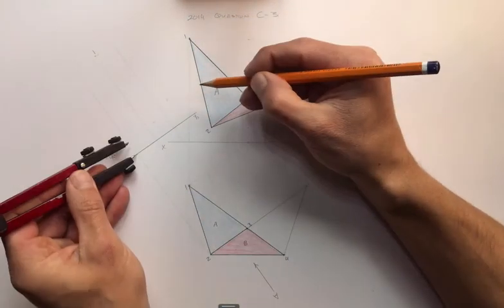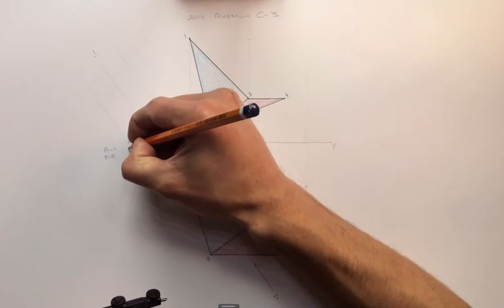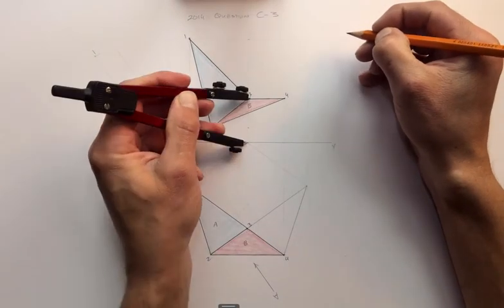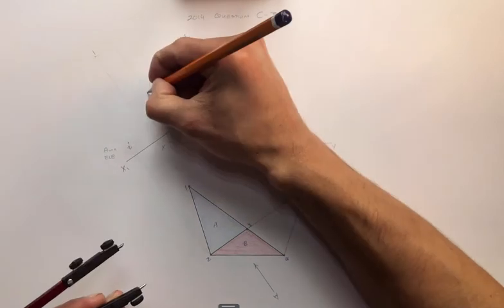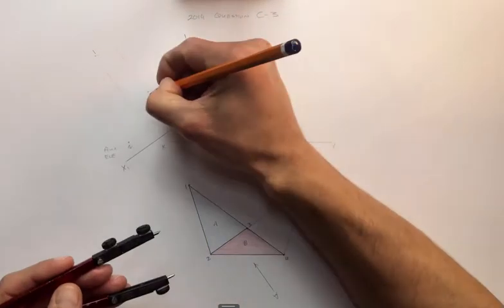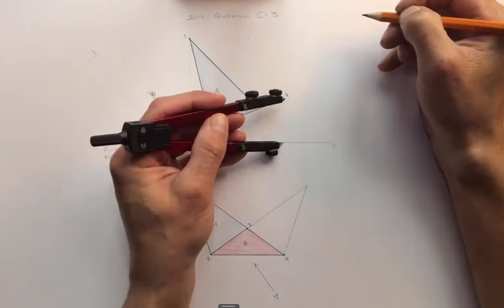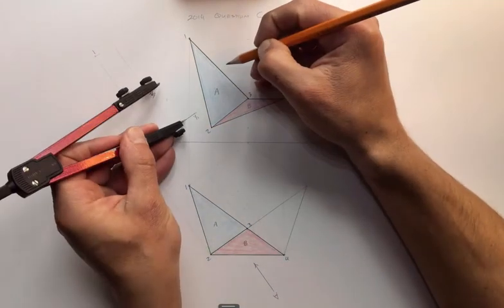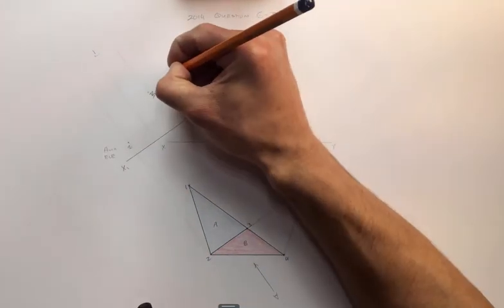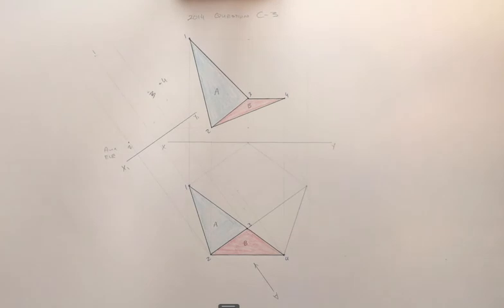Follow point 2. Point 3. Follow point 3. Sorry, that's 3. And 4 is the same height because we've got a horizontal line in elevation. 3 and 4 are there, close together.